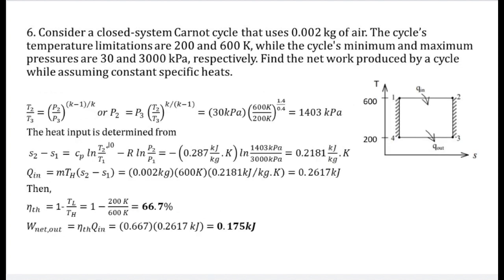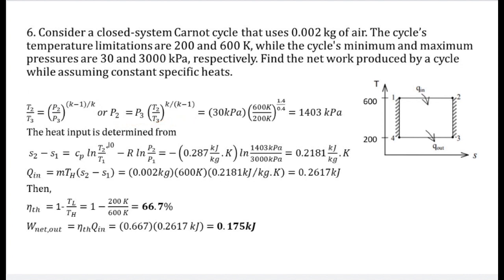So next slide: the minimum pressure in the cycle is P sub 3, and the maximum pressure is P sub 1. So here is the equation for that. Because it is given the pressure sub 1 and pressure sub 3, let's just use this to get pressure sub 2. So we have this equation.